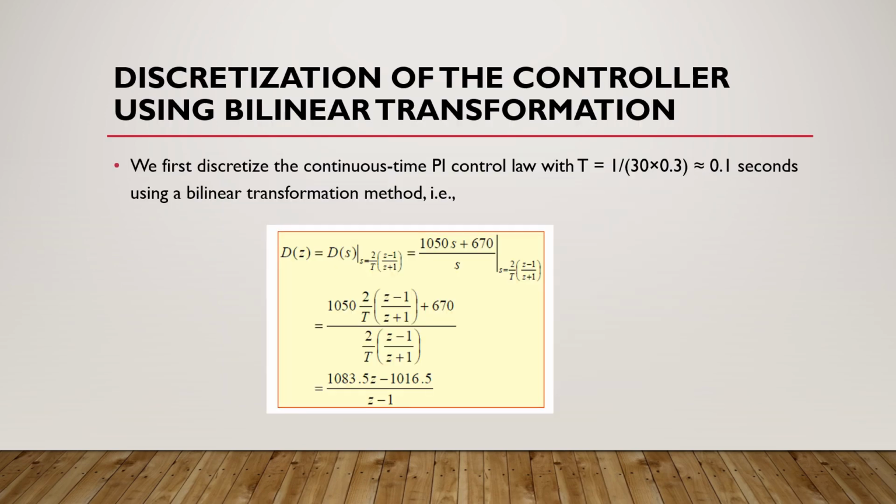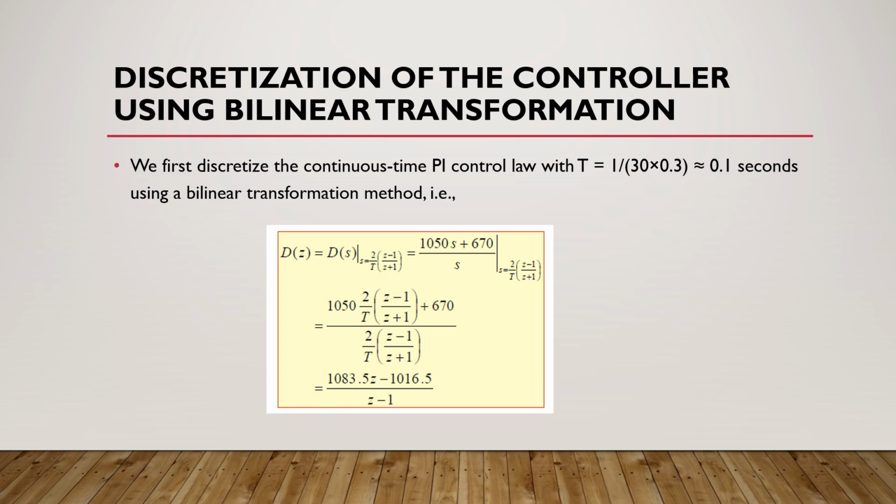Discretization of the controller using bilinear transformation. First, we discretize the continuous time PI controller with a sampling time period of approximately 0.1 second, using the bilinear transformation method. In the bilinear transformation method, s equals 2 divided by T times (z minus 1) over (z plus 1). We can make a digital controller.